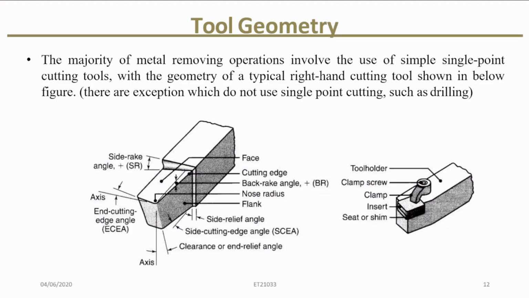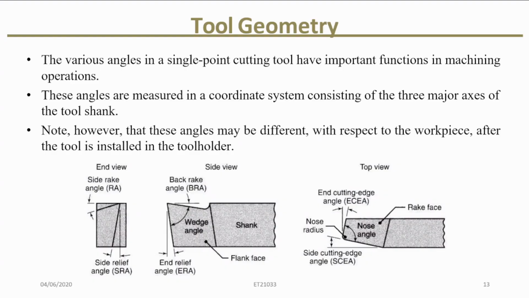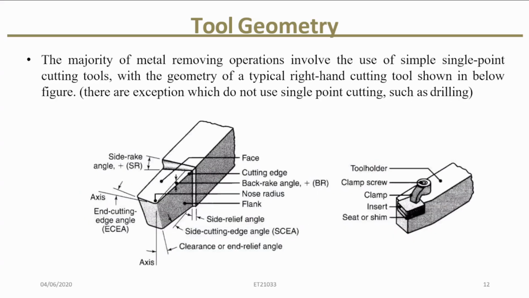This is the insert, where we put our tool, and this part we know as the seat or shim. In detail, 2D drawings are shown here about this cutting tool.